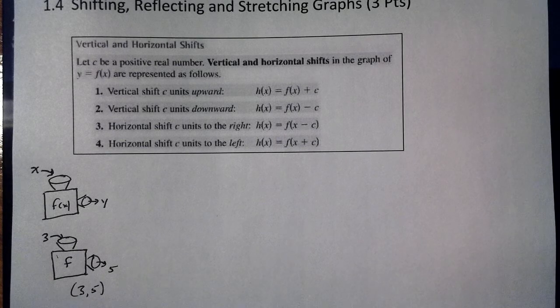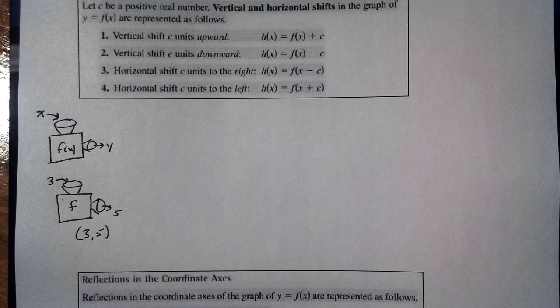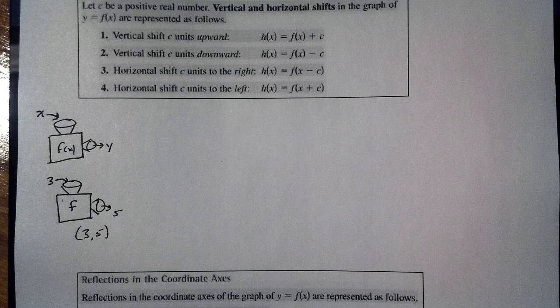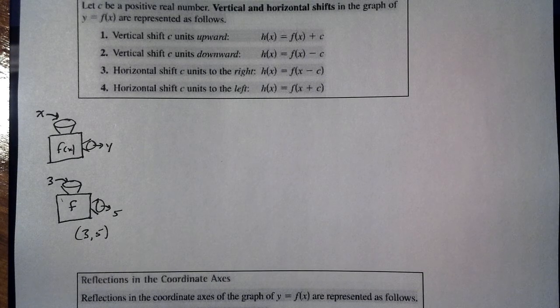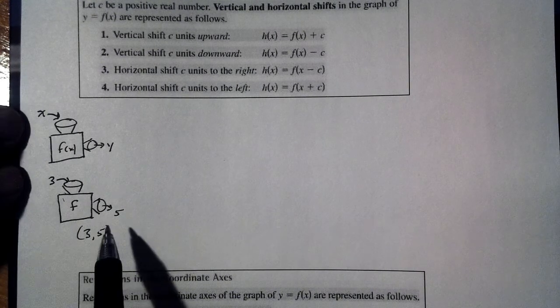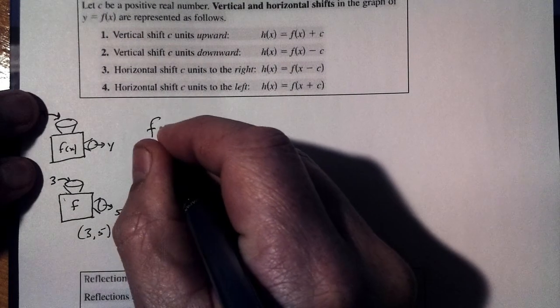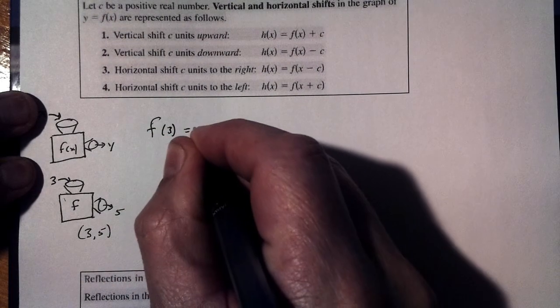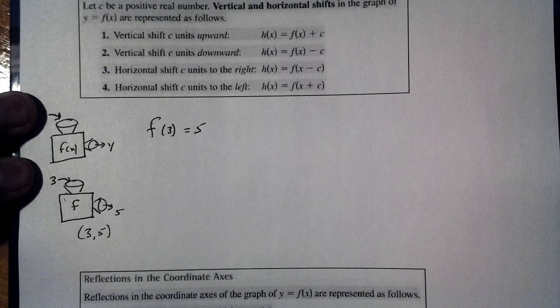So (3, 5) becomes a point on our graph. This graph has a whole bunch of other points on it as well, but all we know right now is that f is a factory that turns 3's into 5's. So f of 3 equals 5.